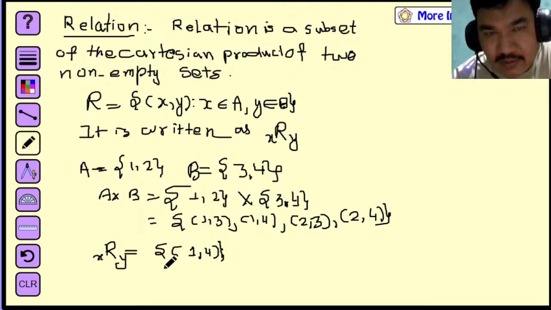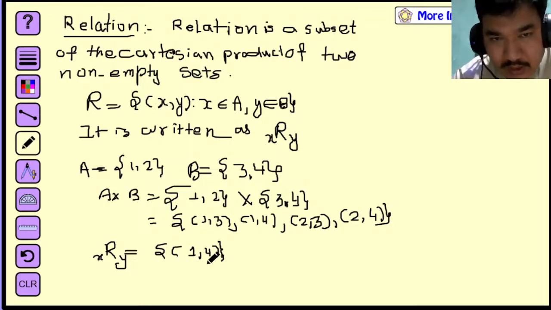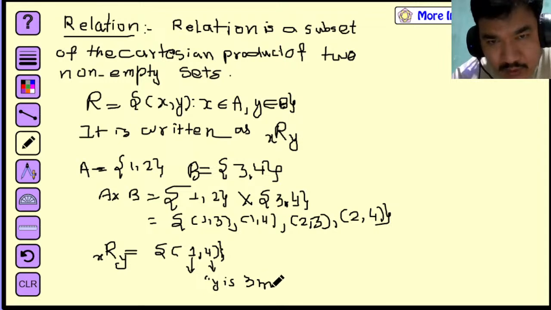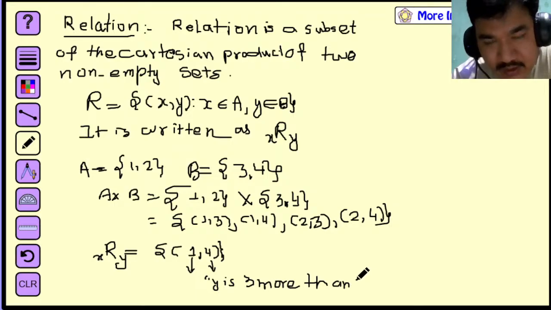I have selected only that ordered pair, where y is 3 more than x. What is the relation of this x and y here? Y is 3 more than x.